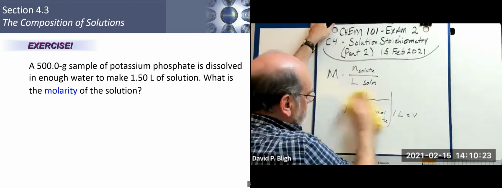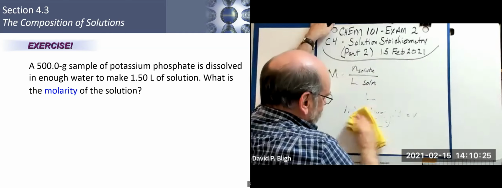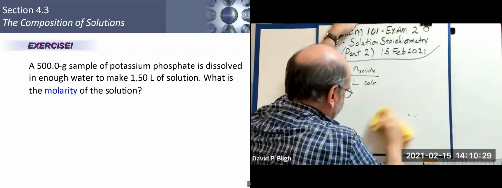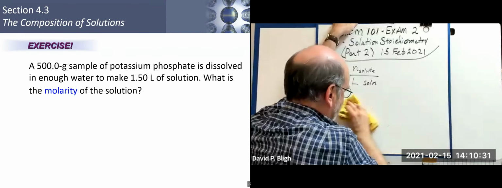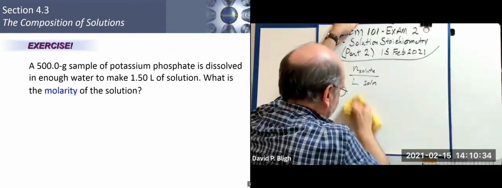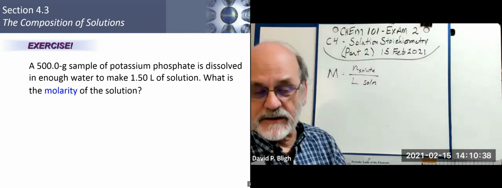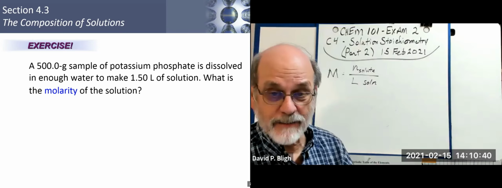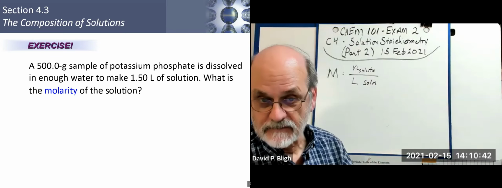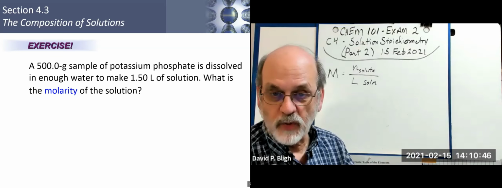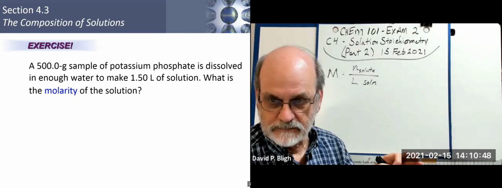So, in the case of this 500-gram sample of potassium phosphate, we dissolve it in enough water to make 1.5 liters of solution.